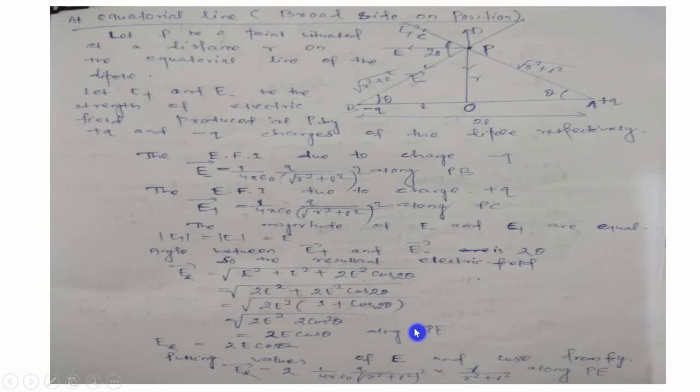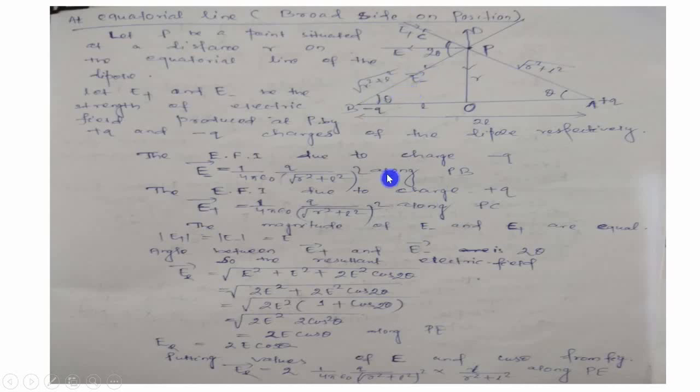The direction of that resultant electric field intensity is along PE, and we have to put cos theta from the figure. Cos theta is, we know according to Pythagoras theorem, cos theta equal to B by H. So here B is L divided by H means square root of R square plus L square.